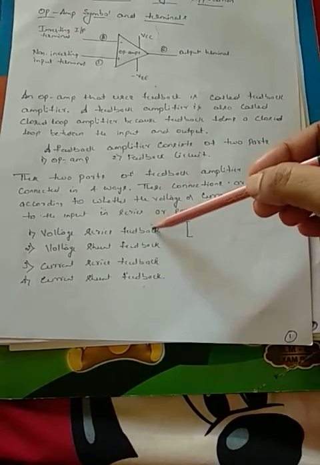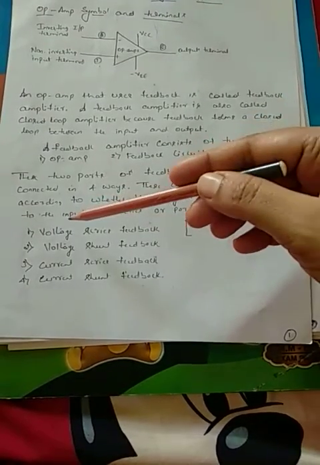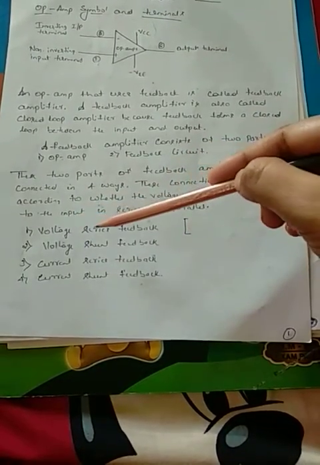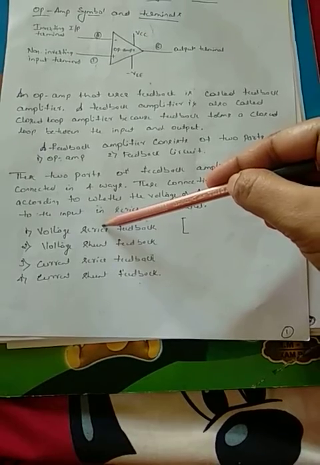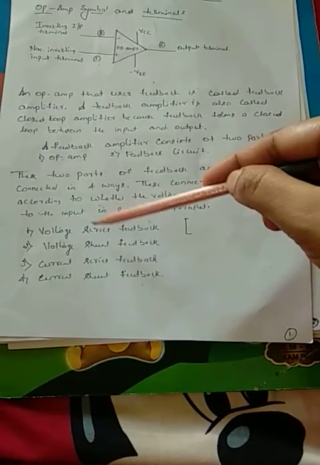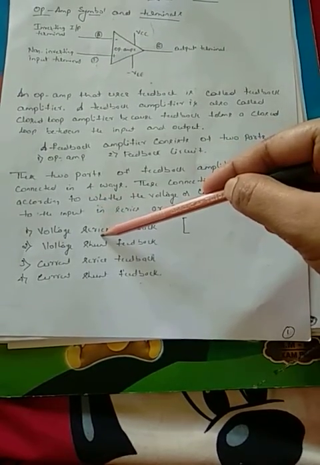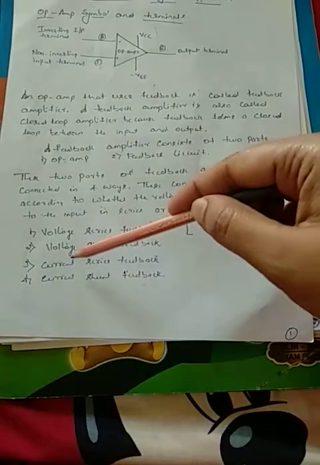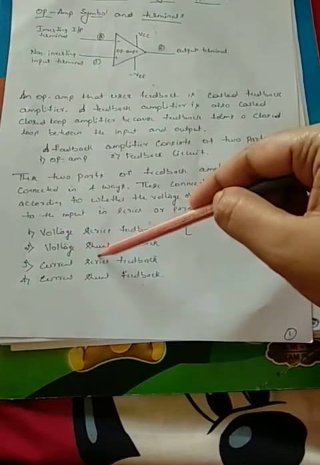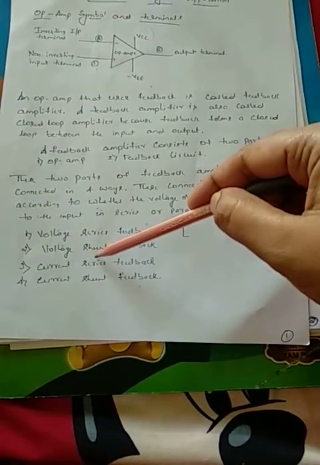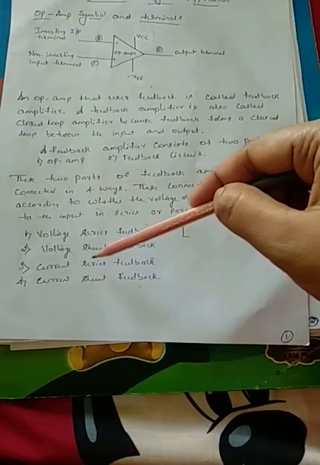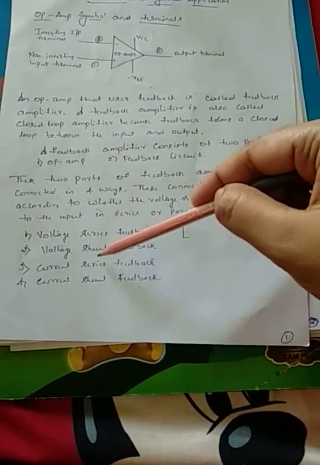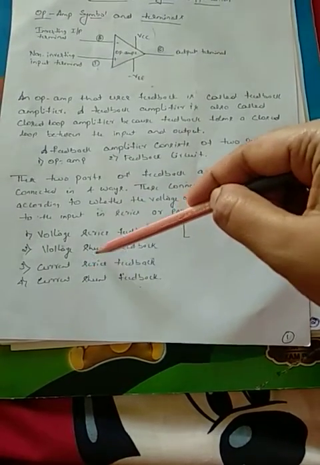First, voltage series feedback, where the output is voltage and at the input side we connect the output of the feedback to the input in a series manner. Voltage shunt feedback, where the output is voltage and at the input side we connect the output of the feedback to the input in a shunt manner, that is in parallel.